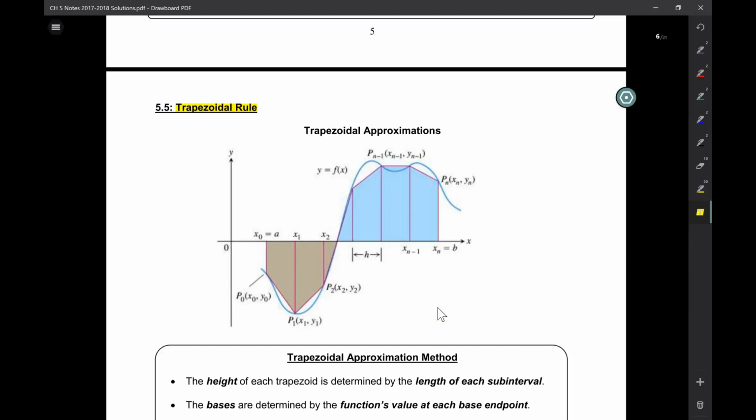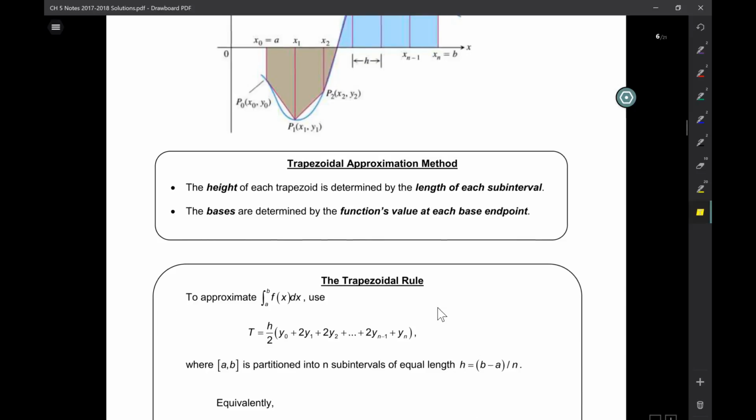Okay, so basically, here's what you need to use the trapezoidal rule. This is exactly what I just said on the board, that the height of each trapezoid is the length of the subinterval.